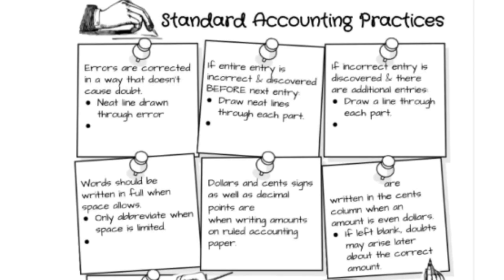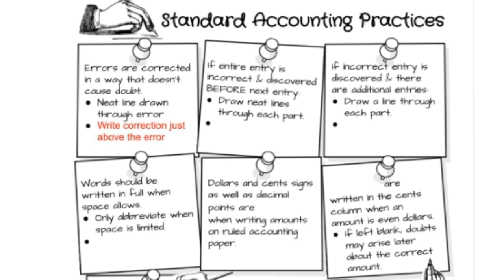So errors are corrected in a way that doesn't cause doubt. You want to draw a neat line through the error and then write the correction just above the error. If you make a mistake, you don't want to pretend like you didn't make it. You want to make the correction so that it's understood that a mistake was made and it was found and it was corrected.